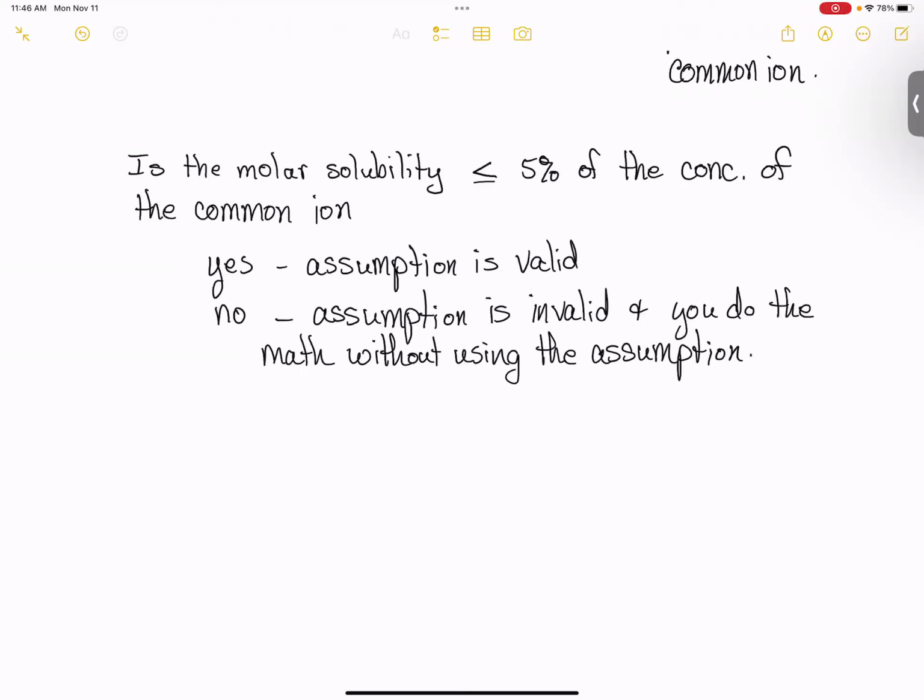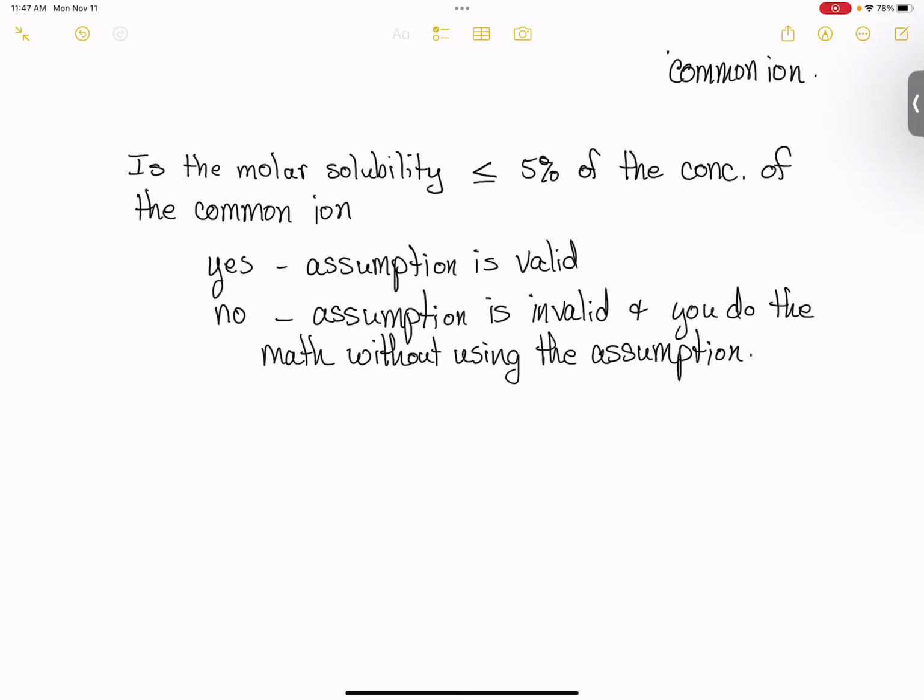If there is a common ion, it is going to cause the amount of the solid that can dissociate to be less than expected. I believe some of the next questions ask you to look at that group data, and I've already talked about the group data and what that means.